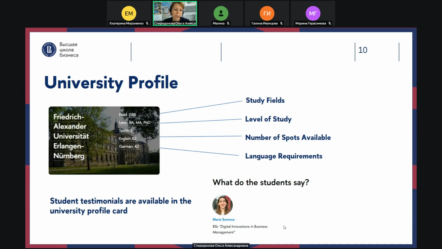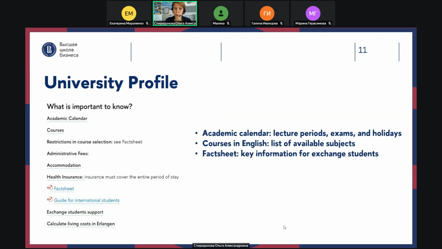And also you can see students' testimonials on each card, just to understand what the experience was, what the difficulties were maybe, and what to do. If you go inside that card, you'll see very important information: the academic calendar, courses, accommodation, and fees.